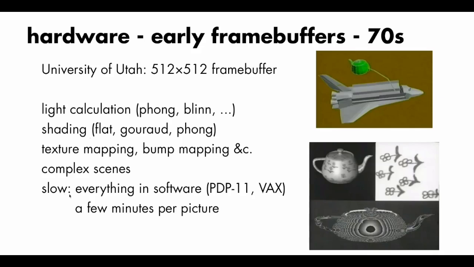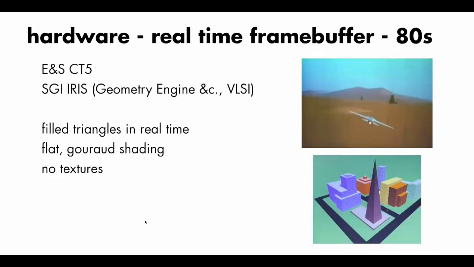But still, calculating just a single frame was pretty expensive. It was really slow. Everything was done in software, so there was no hardware acceleration for this sort of stuff. And we're talking a few minutes per picture, so it's not frames per second, but minutes per frame. But a lot of stuff was developed at that place in that time.